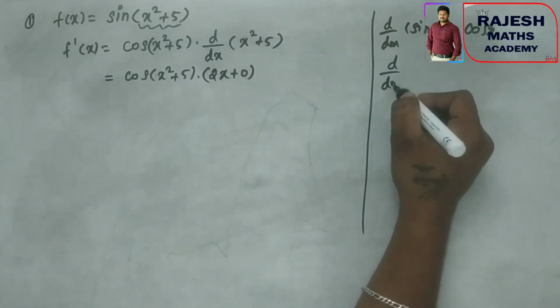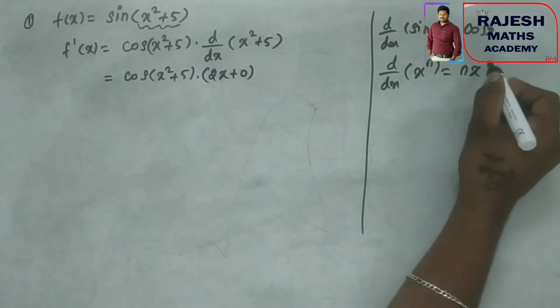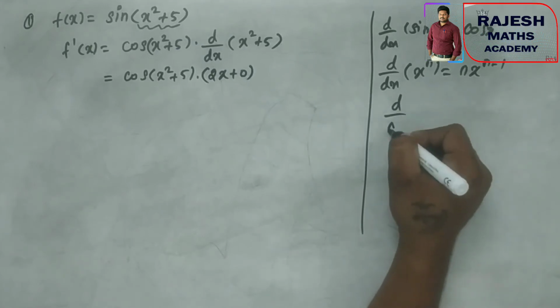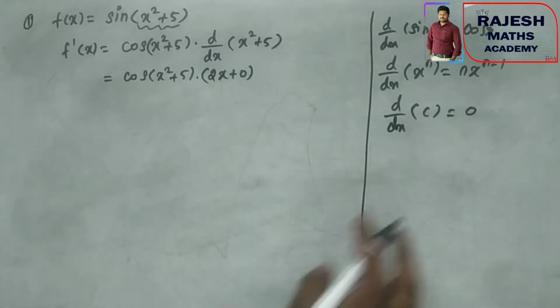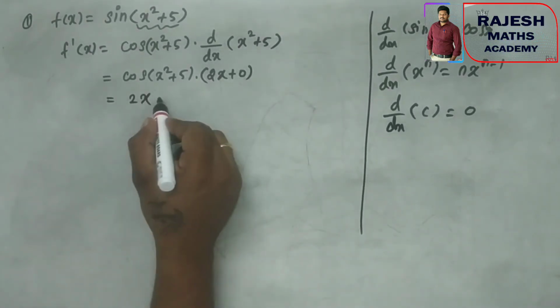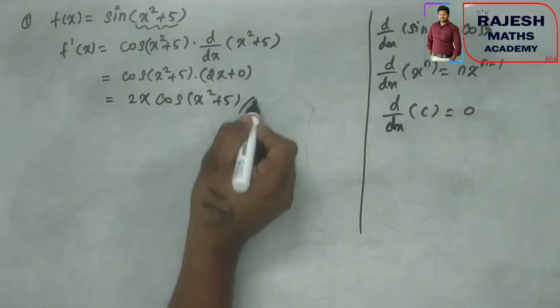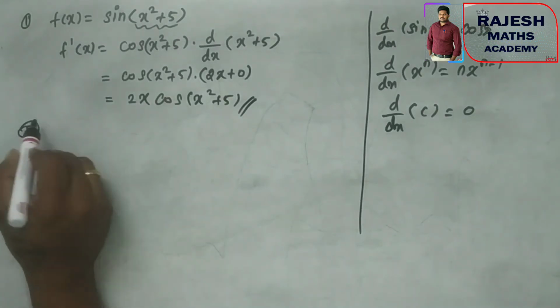Similarly, d by dx of x power n equal to n into x power n minus 1, that formula is also used here. I used d by dx of constant c equal to 0 as well. Now we can simplify and write 2x into cos of x square plus 5 as the derivative of the given function.